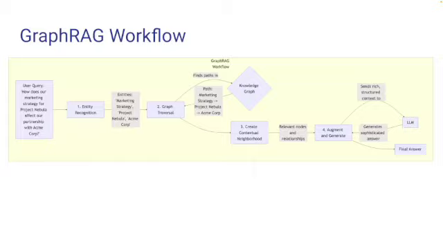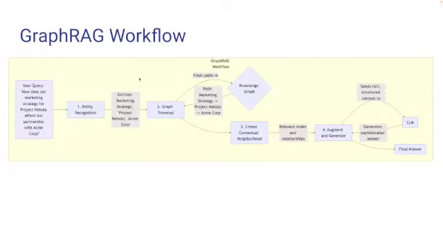Step four is augment and generate. This rich, structured context, this story, is then passed to the LLM. The LLM now understands the how and why behind the connections. It can generate a sophisticated, insightful answer explaining the relationship between the marketing plan and partnership because it has the map.